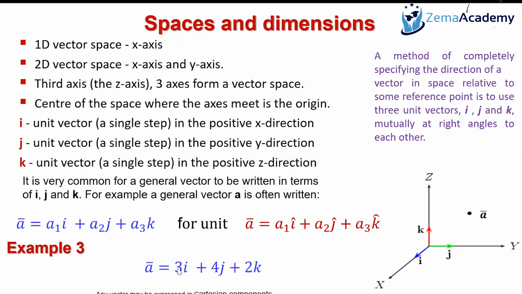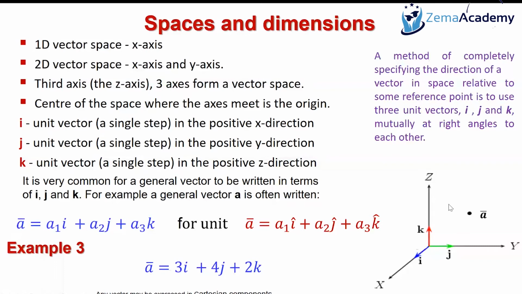So you can place this point and identify this vector A in three-dimensional space in the figure on the right-hand side: you will take 3 steps in the X direction, then 4 steps in the Y direction, and then 2 steps in the K direction. I hope you understand that it's a three-dimensional vector specifying the directional component values 3 in the X direction, 4 in the Y direction, and 2 in the K direction.